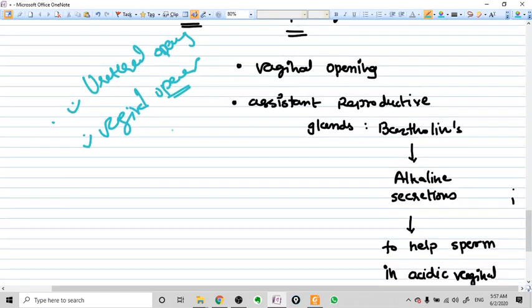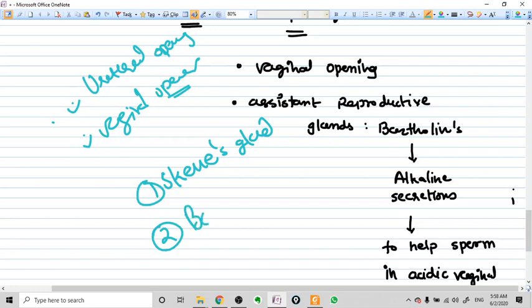The first is Skene's gland, which assists the urethra and urethral opening, and we also have Bartholin's gland, the gland which assists reproduction.